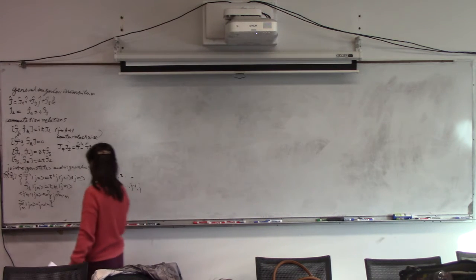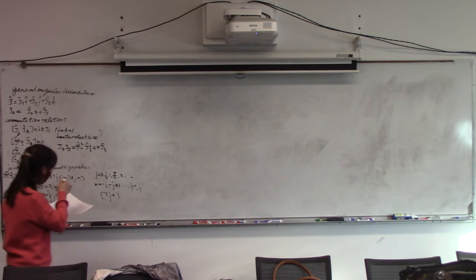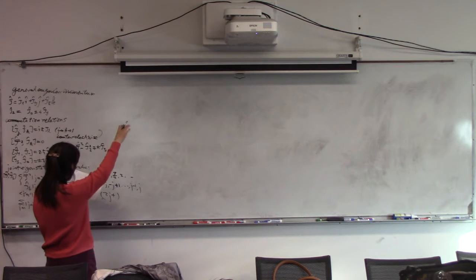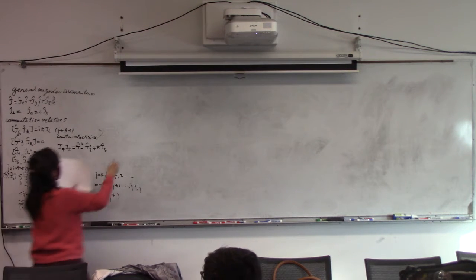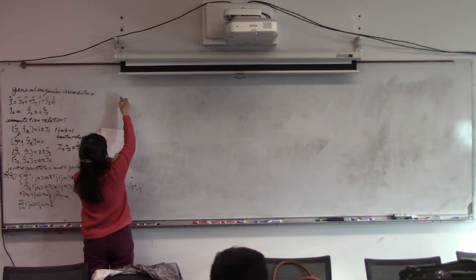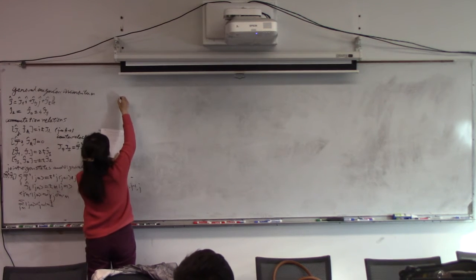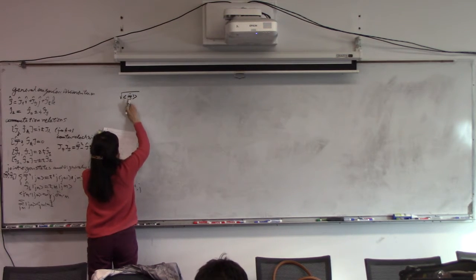For the geometric representation of this angular momentum, we can also use a graph to plot the relation between J squared and Jz. So let's consider the magnitude of J squared.